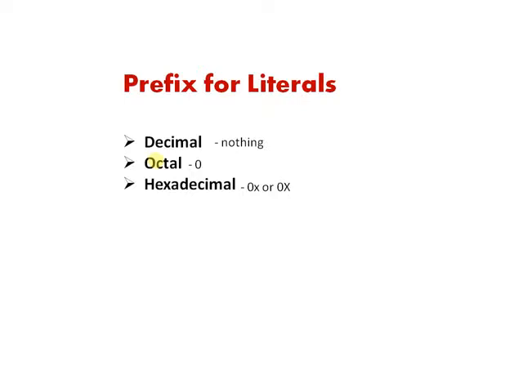If I initialize 16, the value will be decimal because it does not have any prefix. If the number is 016, it will be octal because it starts with the prefix 0. If I initialize 0x16, the value will be hexadecimal because it has the prefix 0x.